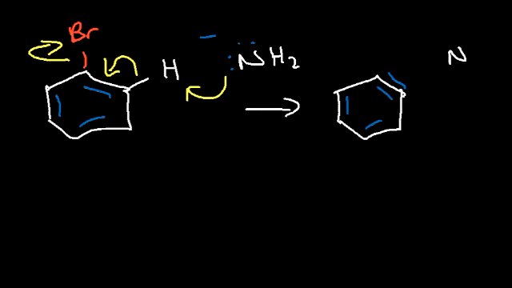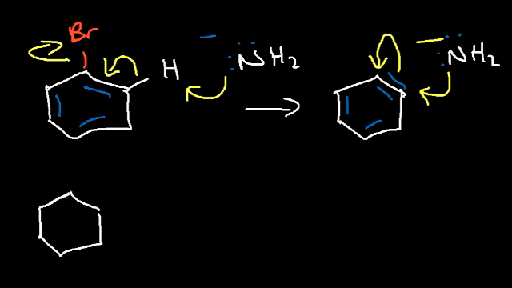Now at this point, the NH2 minus ion is going to act as a nucleophile. It's going to attack the carbon. Now, it can attack the carbon from the left side, or it can attack it from the right side. So let's say it attacks it from the right side. If it does, then it's going to push 2 electrons on this carbon. So we now have this structure.